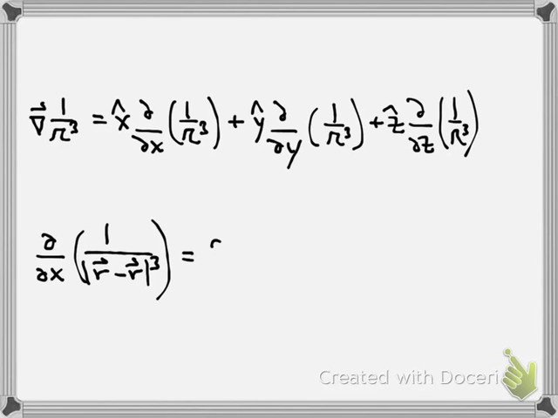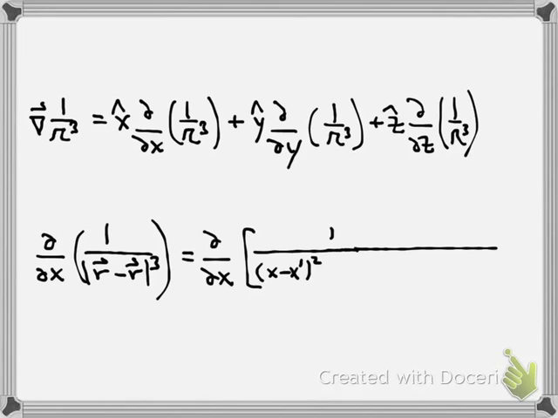And that's just equal to d, the derivative with respect to x, times 1 over x minus x prime squared plus y minus y prime squared plus z minus z prime squared. That's all to the 3/2.